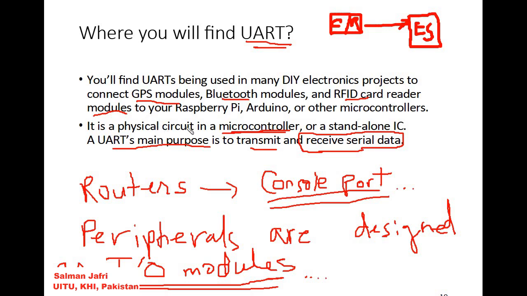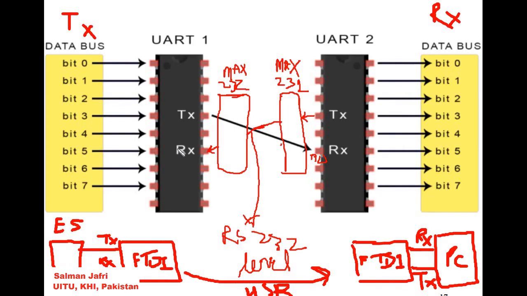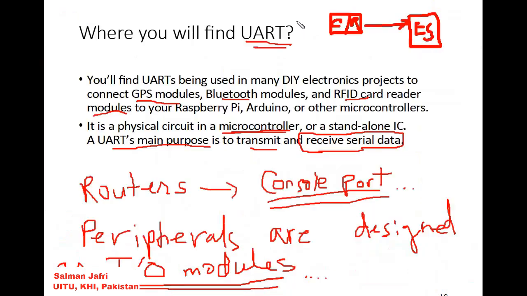So a UART can be a physical circuit built into the microcontroller as a peripheral, or it can be a standalone IC, right? And a standalone IC is one example like this that we saw before, UART1 and UART2. So what is the main function of UART? It's to transmit and receive serial data.